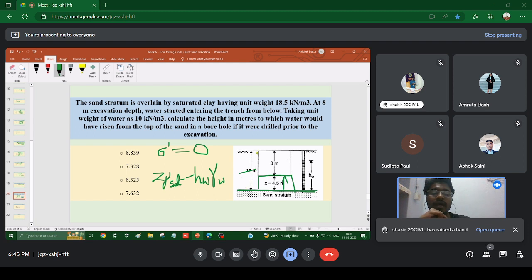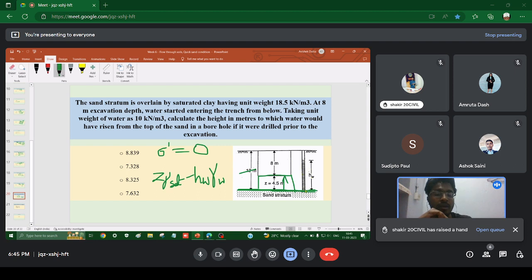Whenever you are given a sum like this, where the sand stratum is overlain by a clay stratum, and after excavation there has been seepage of water at the trench below, because the water has risen through the voids in clay, the upward seepage pressure is equal to the pressure exerted by HW, the height of water.